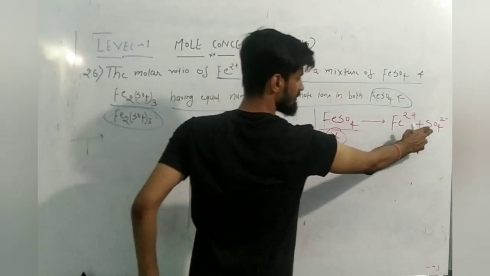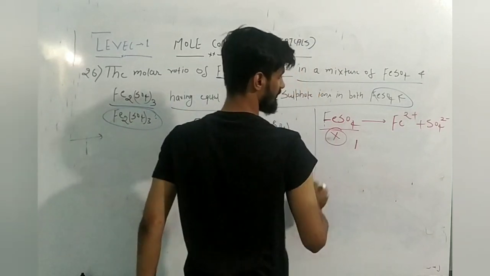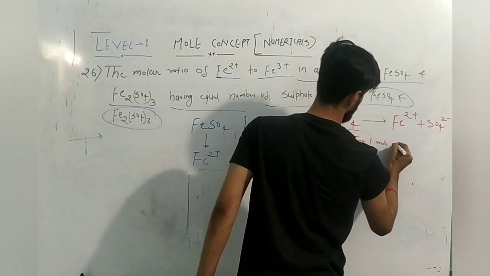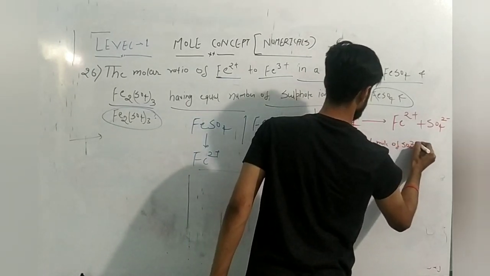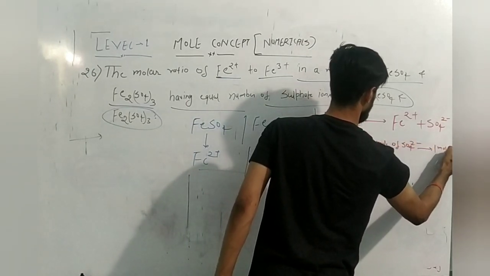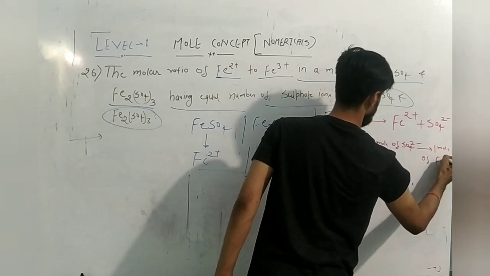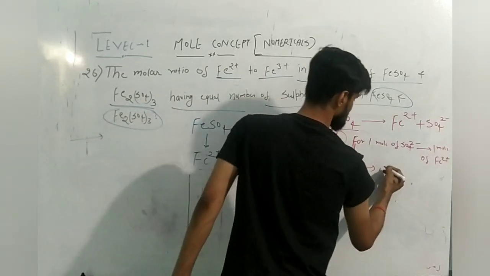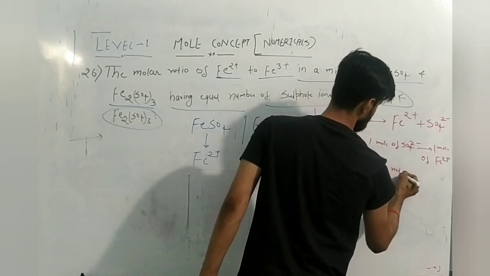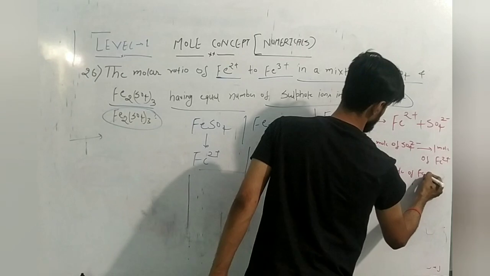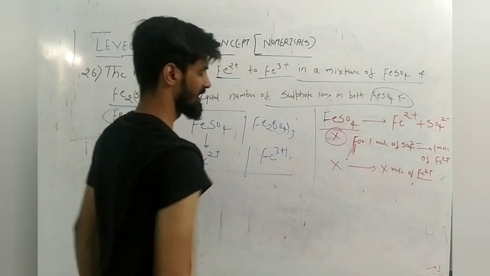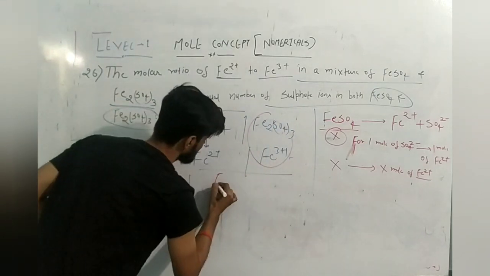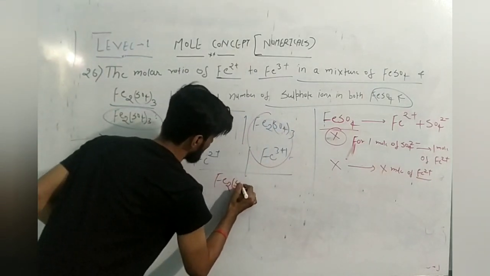So for 1 mole of SO4 2- ions, you are getting 1 mole of Fe2+ ions. So for X moles of SO4 2-, you will get X moles of Fe2+.